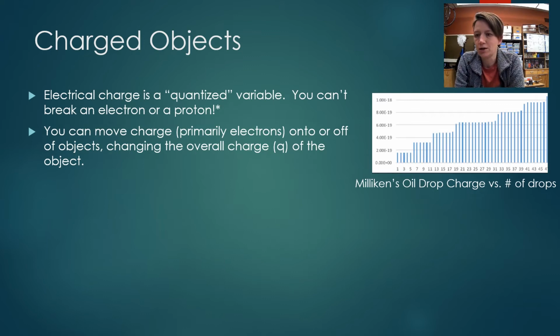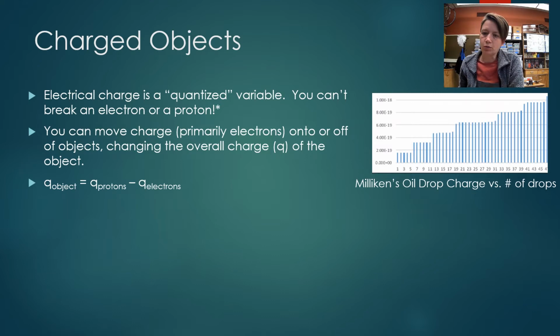And so the conclusion here is that the very smallest stair step, or the quantity of a single stair step, is the charge of one electron or proton, whatever was added to that oil drop, and that you can't have an oil drop that exists in a state in between those two charges, because you can't add or subtract part of an electron or a proton.